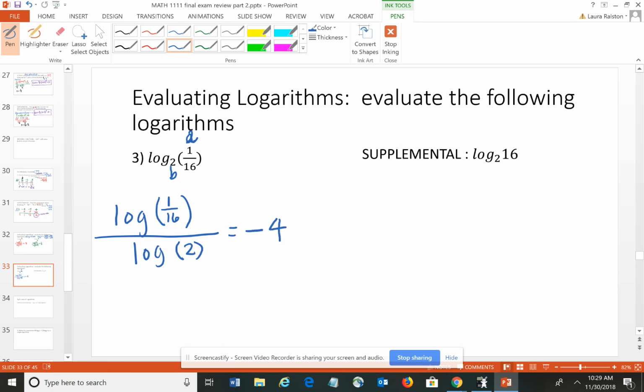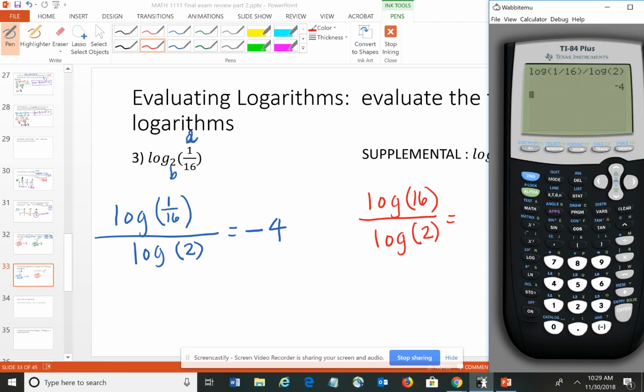Then the last one, or the supplemental, is log base 2 of 16. In this scenario, your b is 2 and your argument is 16. So we would have log of 16 divided by log of 2. Again, please use your calculator. It makes it so much simpler than trying to do it in your head.